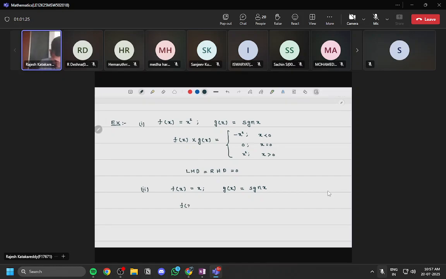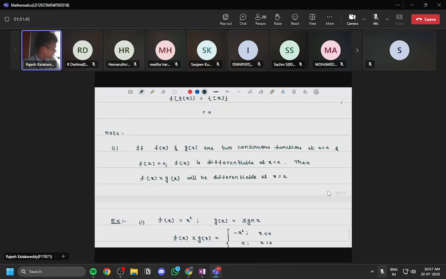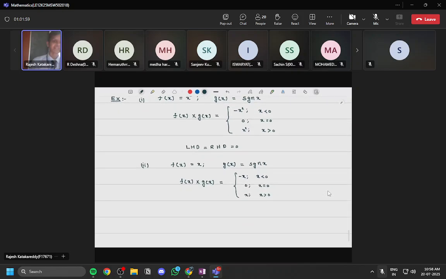The product is minus x when x is less than 0, 0 when x is 0, x when x is greater than 0. Now you differentiate and check. Non-differentiable, right? So LHD is not equal to RHD. So when we are breaking the rule of continuity for g of x, the resultant we are not sure about. Need to be verified. When it is continuous, in that case, I can say you will get differentiable for f of x into g of x. Am I clear? Any doubts in this? Anybody?